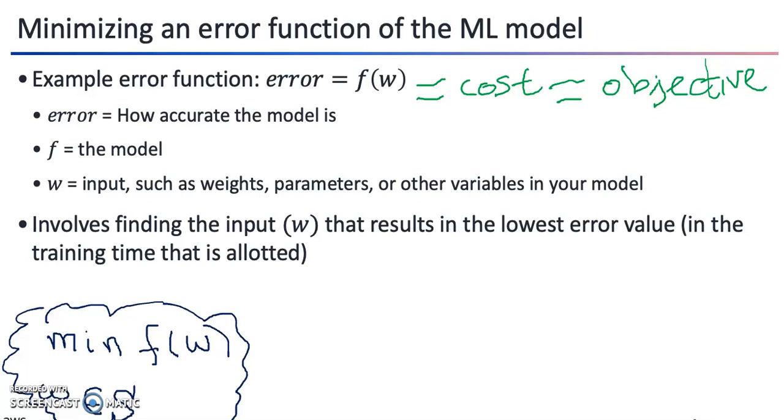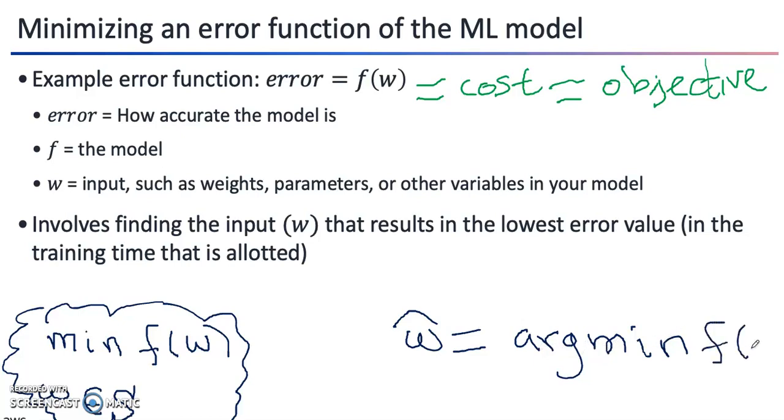So when a specific value of w, which I'm going to call w hat, is the optimizer, because this is also some mathematical notation, if we're interested in the minimization problem, this value of w hat would be the arg min of f of w.